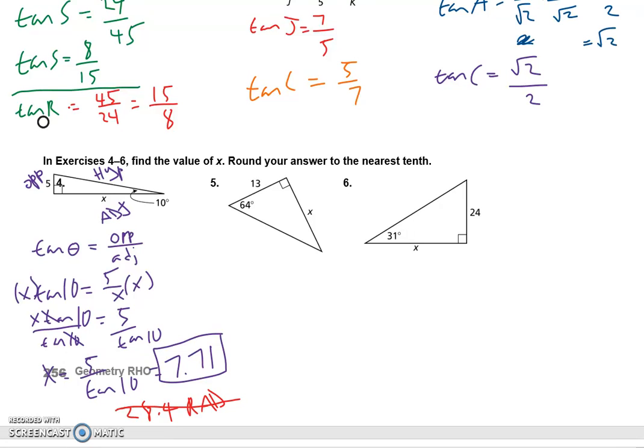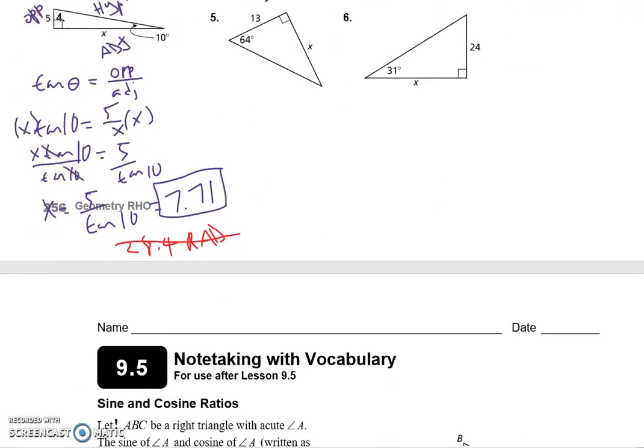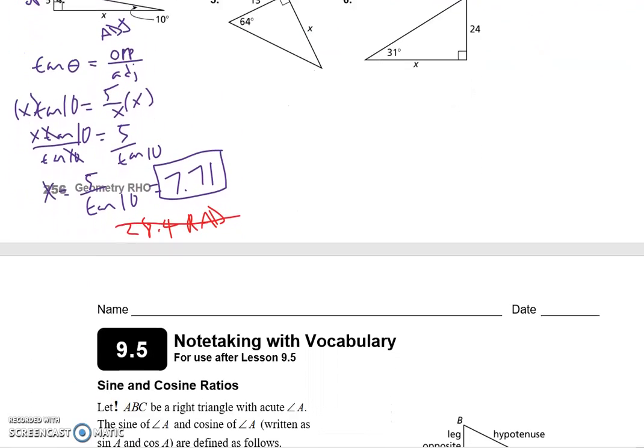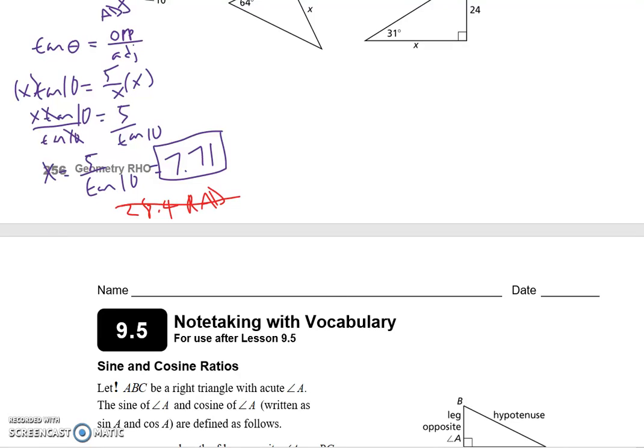Okay, a shortcut for this same one. If I take it from here, tangent of 10 equals 5 over x.